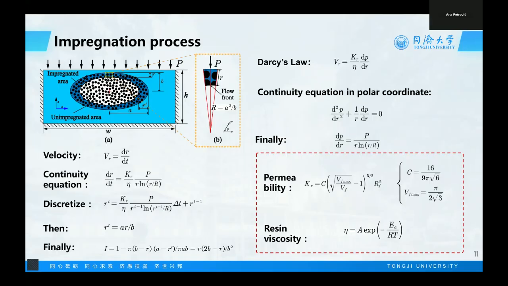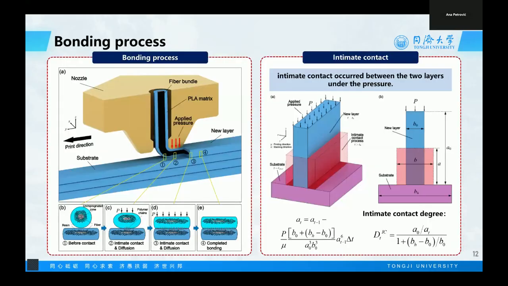The equal proportion method is used to calculate the impregnation distance perpendicular to the pressure direction. The geometric parameters of the fiber bundles, which determine the permeability, and the viscosity of the resin are determined by the experiments I mention in part 3.